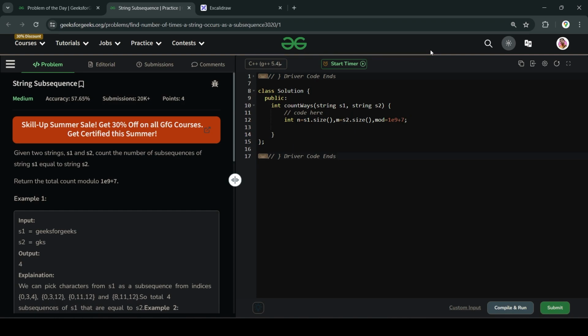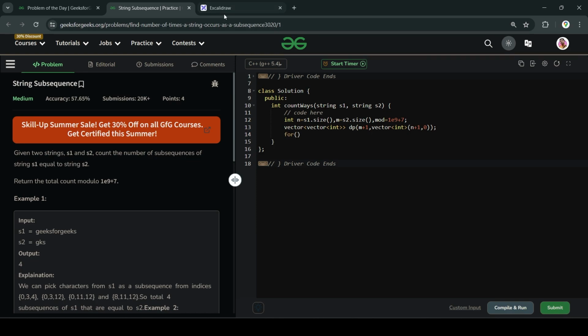Now let us declare the DP array. It will be dp, and what will be the size? That is m plus 1 by n plus 1, and initially all the values are 0.